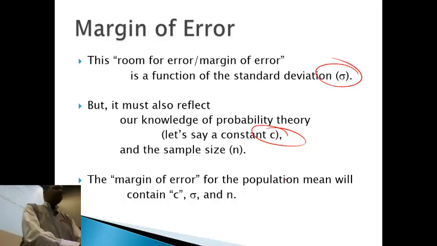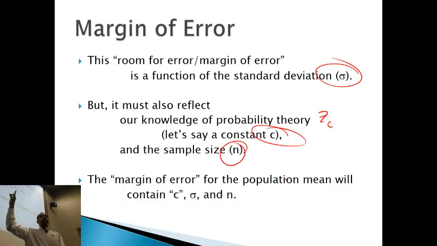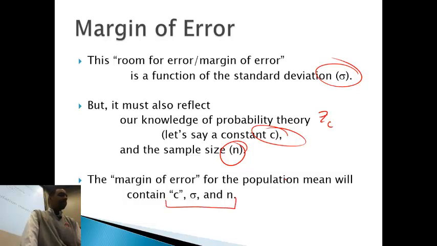So I even call this guy some z-score based upon some constant C. And you need some sample size. So again, you need those three components, standard deviation, sigma, some z-score, C, and sample size. And here they are, the big three. And this is all ready for you to read later on.